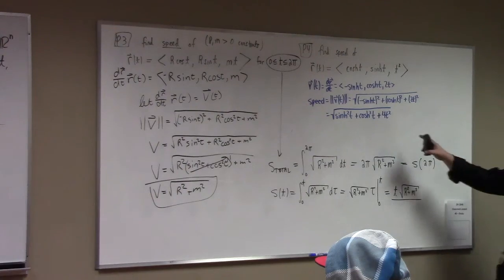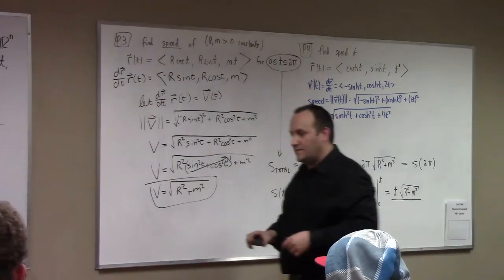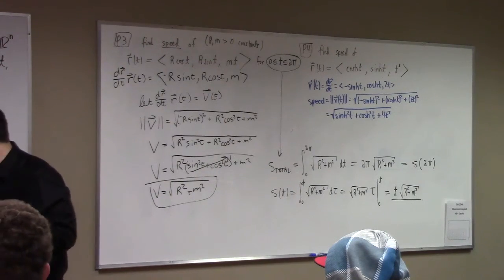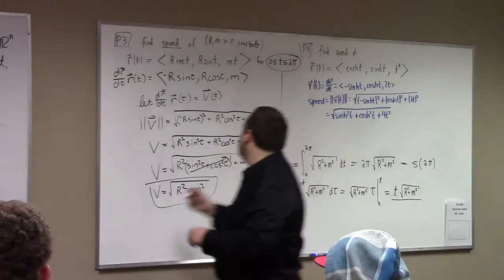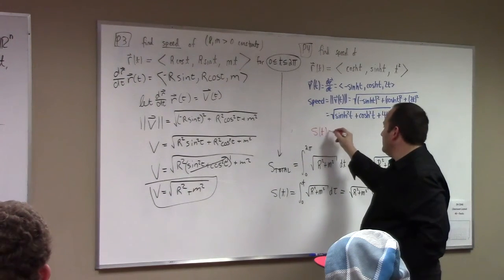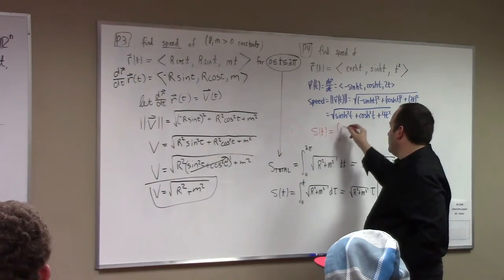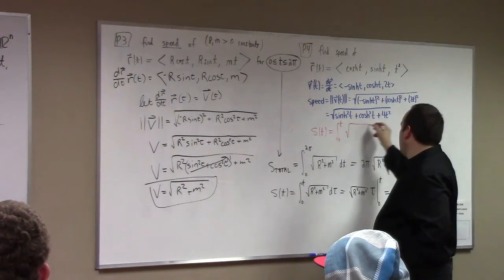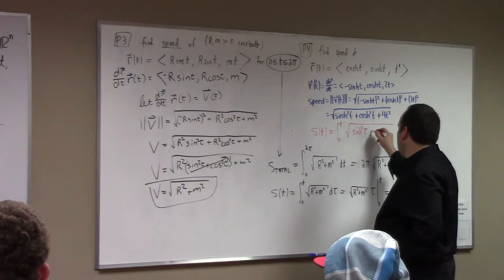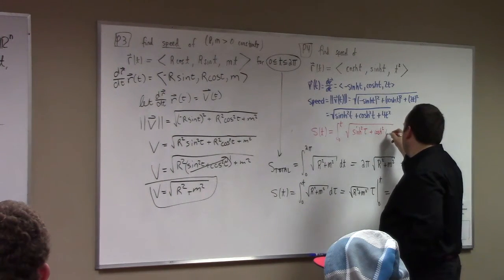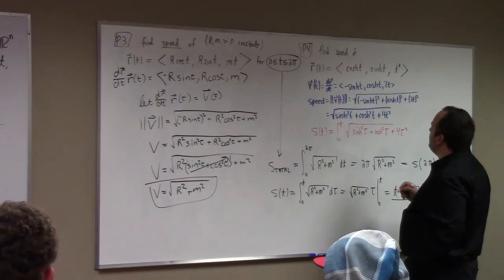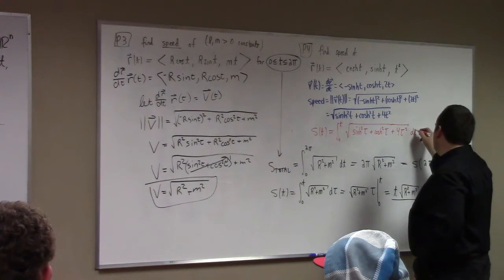Now, what would the arc length be for this problem 4? What would the arc length function based at 0 be for this example? S of t would be the integral from 0 to t of the square root of sinh squared tau plus cosh squared tau plus 4 tau squared, d tau.